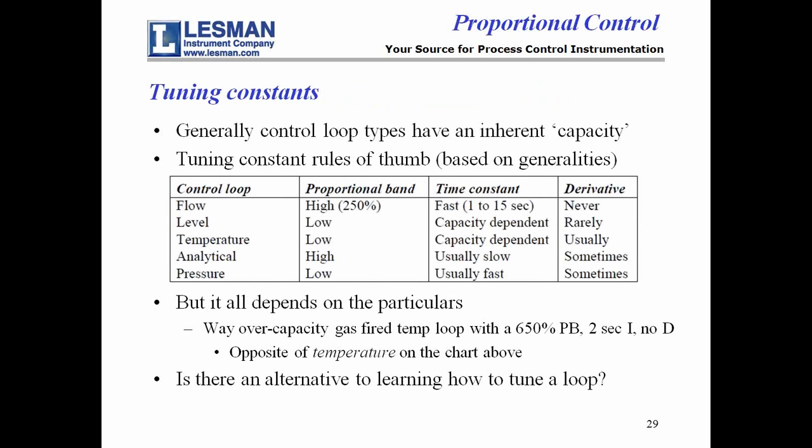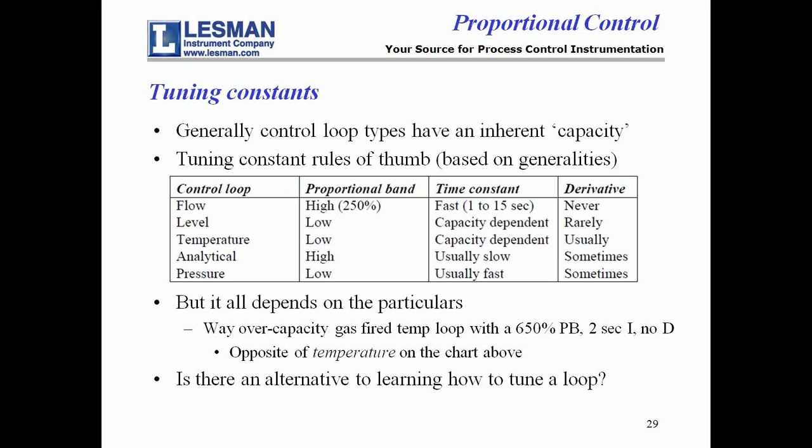That actually describes a flow loop to a T, but it's because it was a gas-fired loop that was way over capacity. They could have used a burner that was a tenth of that size and done the job. So you get in these situations where the rules of thumb might not work because the general capacity isn't what the process capacity actually is.